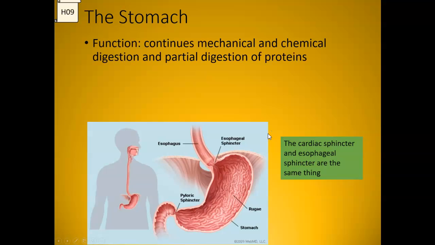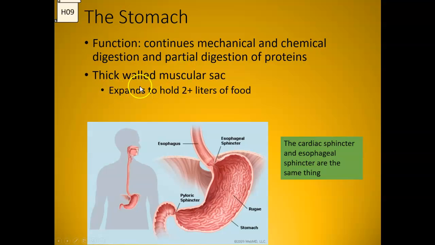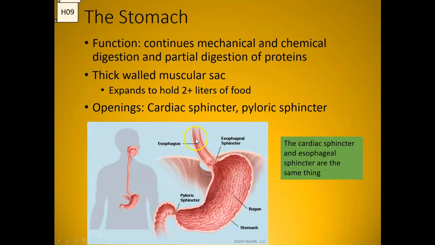When we look at the stomach, its main function is to continue mechanical and chemical digestion, and we start to get partial digestion of proteins. It's a thick-walled muscular sac that can expand to hold 2+ liters of food, and it has folds called rugae to help it expand and contract. It has two openings. The one at the top is called the cardiac sphincter, and the one at the bottom is known as the pyloric sphincter.